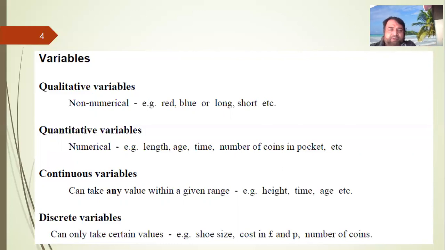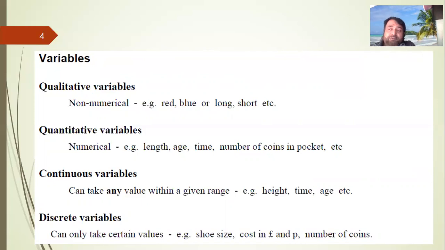This 5 is the frequency. Against blue there is a number 7, I mean 7 people like blue, so 7 is the frequency of blue. And for green there is a value 10. 10 people like green, so 10 is the frequency for green.